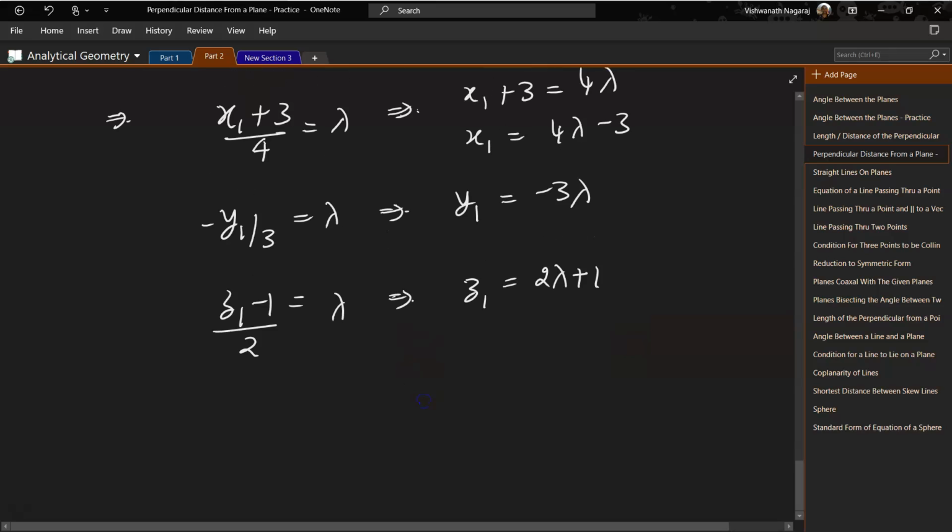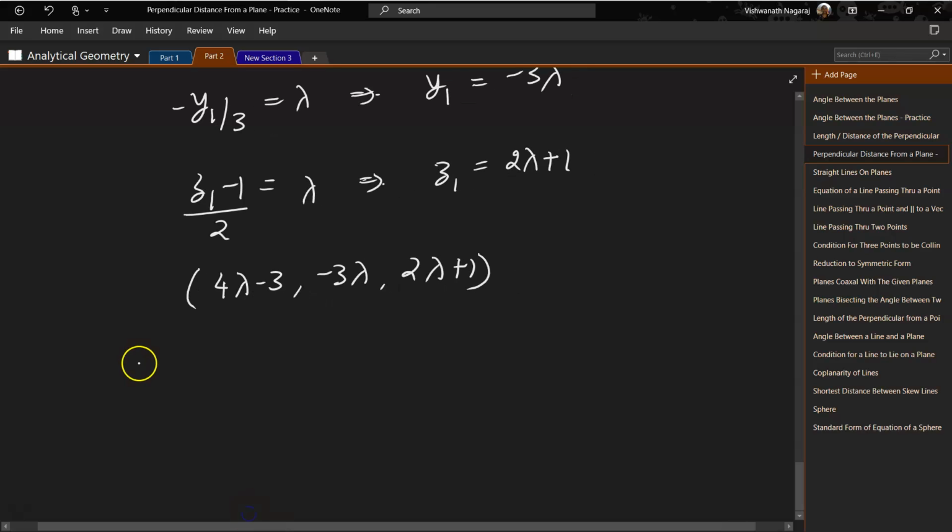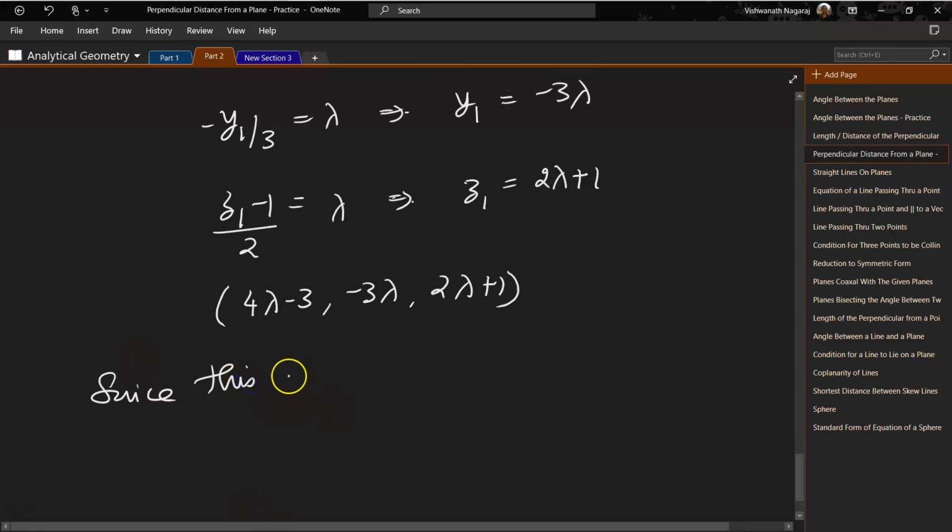And remember, these are the coordinates of the foot of the perpendicular: 4 lambda minus 3, minus 3 lambda, and 2 lambda plus 1. This lies on the plane, right? The foot of the perpendicular should satisfy the equation of the plane if we substitute it. So since this lies on the plane, let's substitute it.